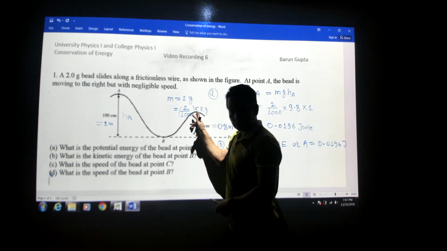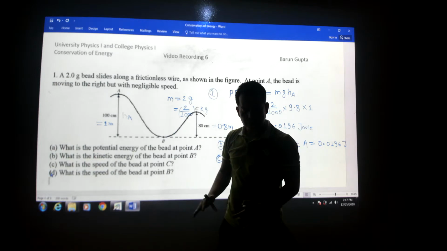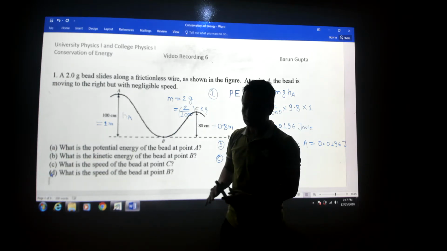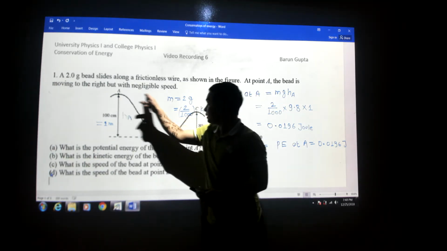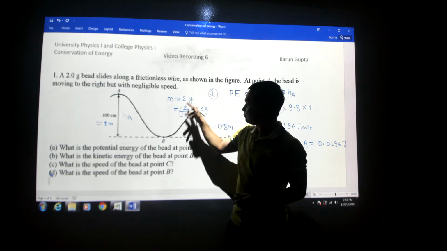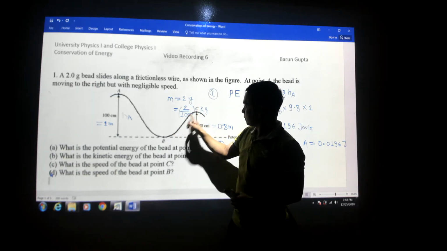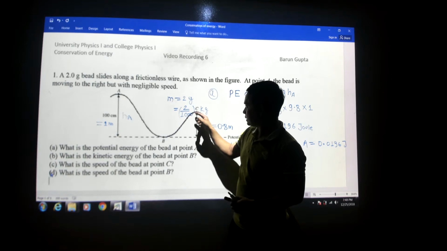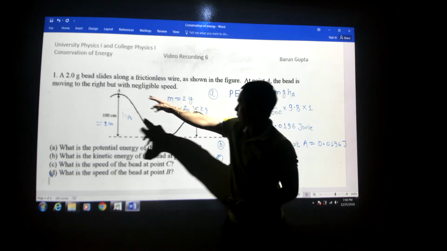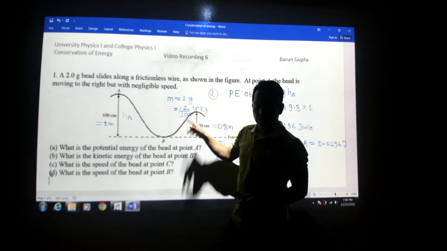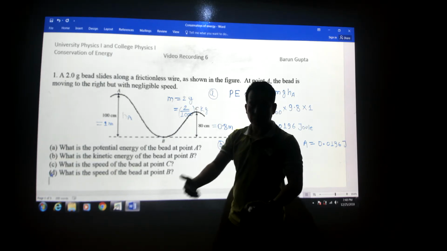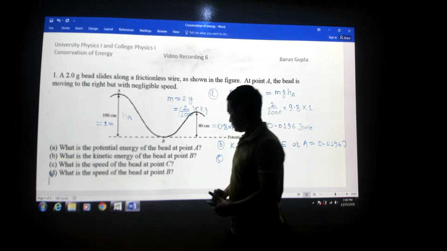But at this point, it does have both potential energy and the kinetic energy, because it is not at the same height. So what's the height difference? The height difference between this point and this point will be in the form of the kinetic energy.